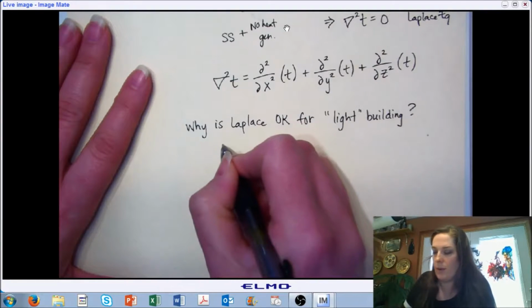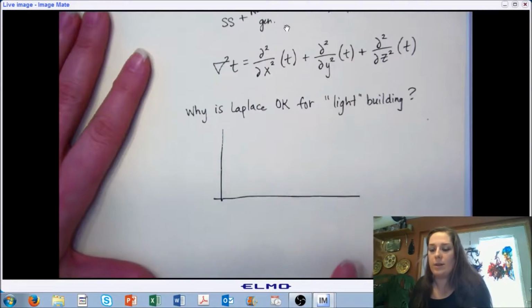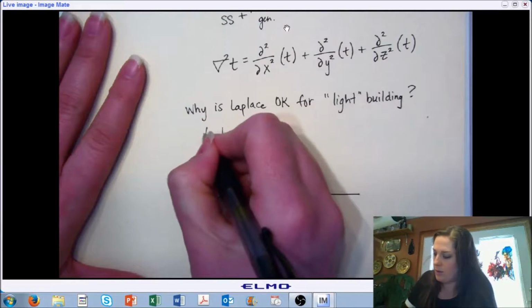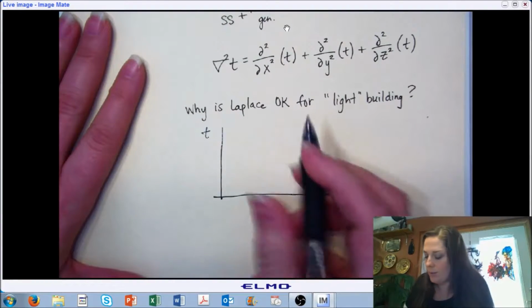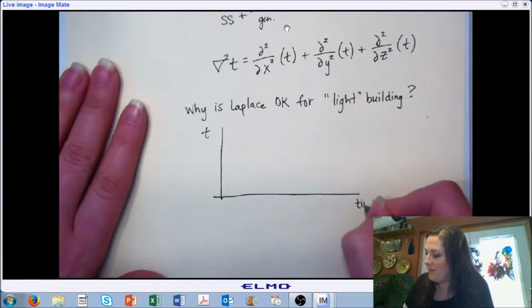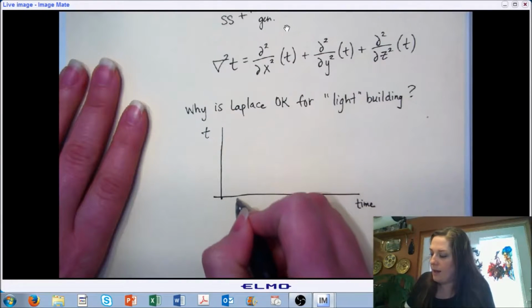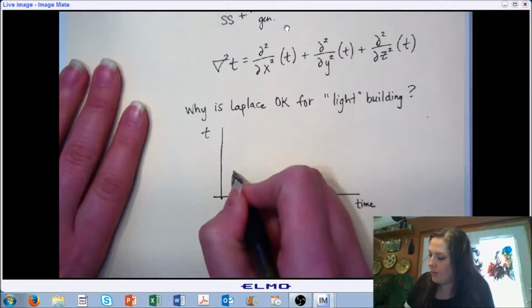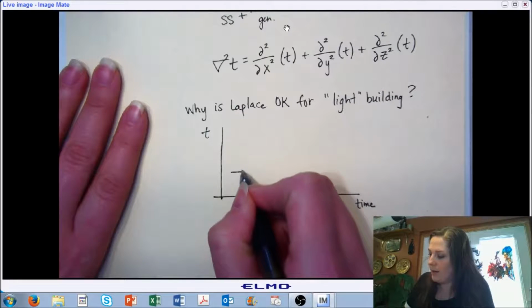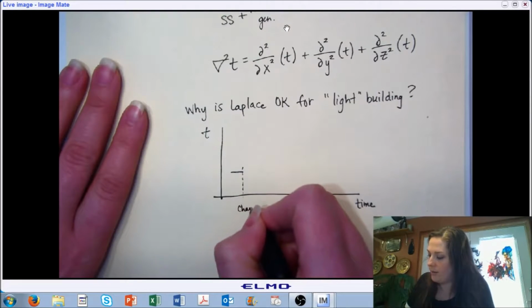And so what does that mean, that we're working with a light building? In terms of this steady state assumption, let's plot our temperature profile against time. Let's say that we have a temperature, and at some point we change the set point.